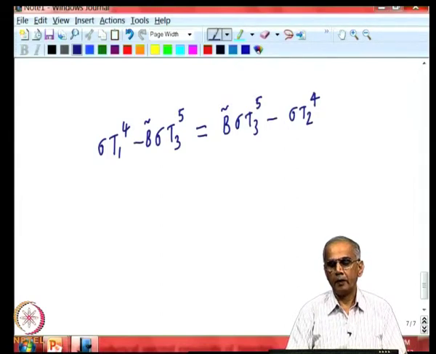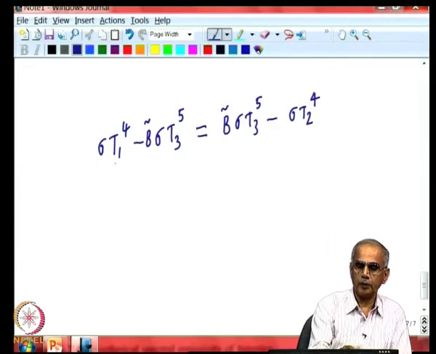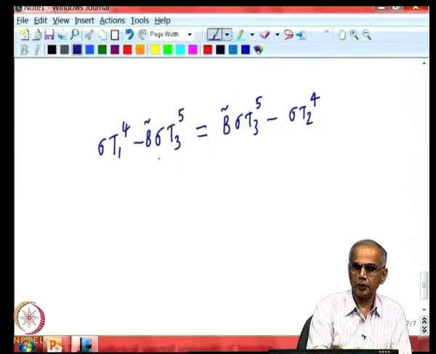Okay. So, the radiation that is emitted by 1, this is emitted by 1 and it is absorbed by 3.